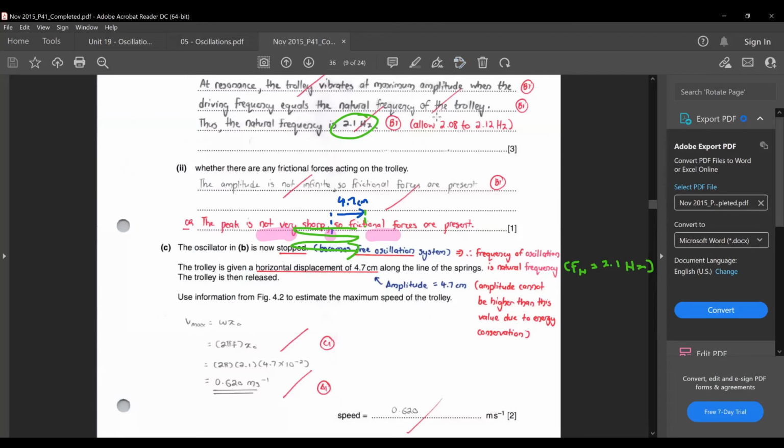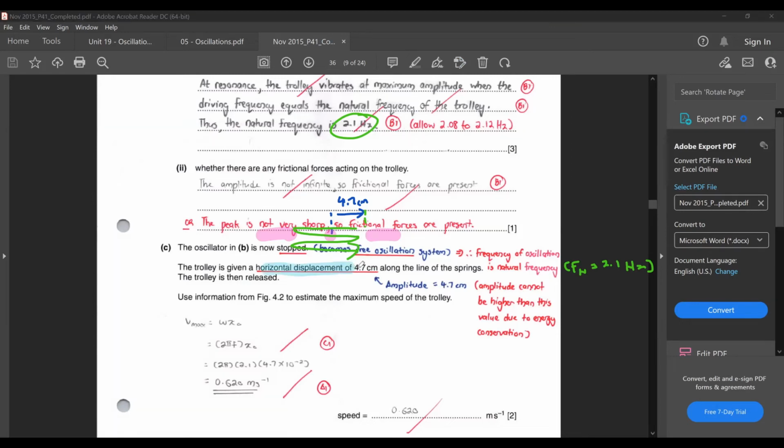Okay, and then another thing that you can see from the second statement is that since your trolley is given initial horizontal displacement before it's being released, whatever amplitude of oscillation that you have will never be higher than 4.7 centimeter. This one I explained in detail last week, I believe.